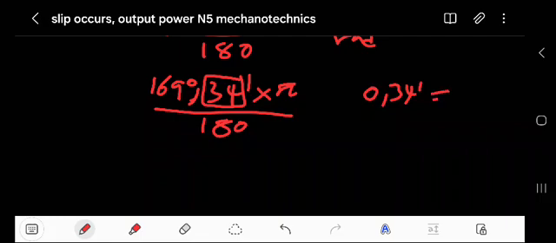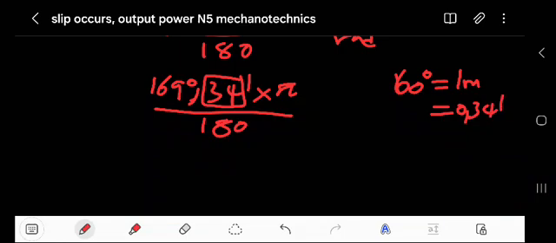So using the proportion, 1 degree is equal to 60 minutes, here this will be 0.34 minutes.